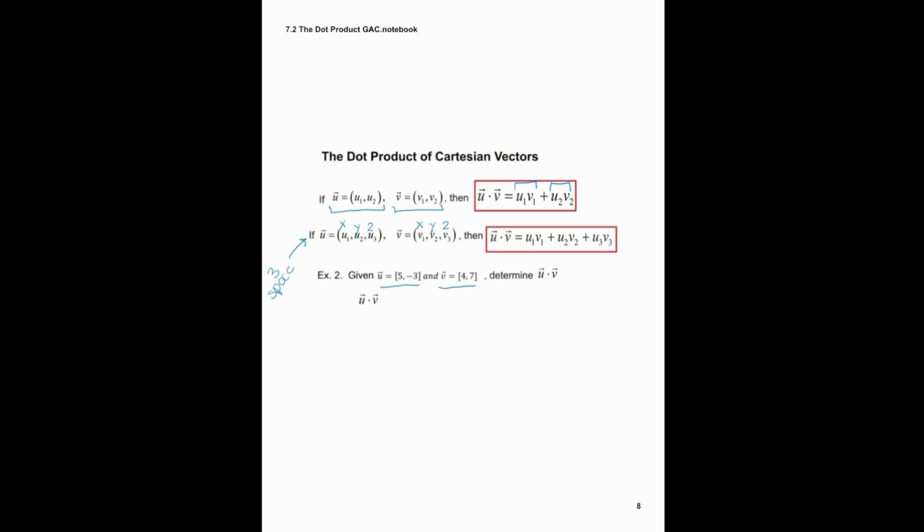Remember, u dot v is going to be u1 times v1 plus u2 times v2. Plugging in our numbers, that's 5 times 4 plus negative 3 times 7. If we do that math, we get an answer of negative 1. So the amount that these two vectors work together is, in this case, negative 1.